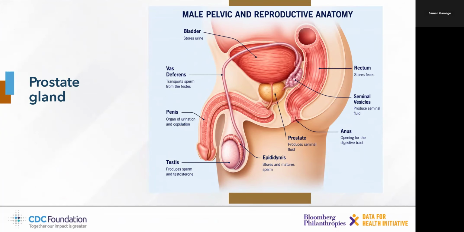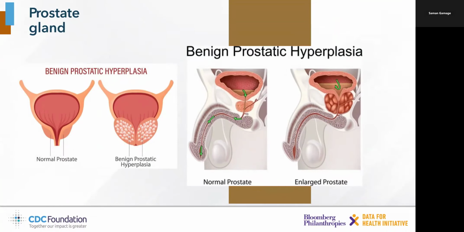You can see the prostate gland in this picture, a gland in the male genitourinary system. And when the prostate gland is enlarged, it can cause obstruction to the urinary flow, urine flow.